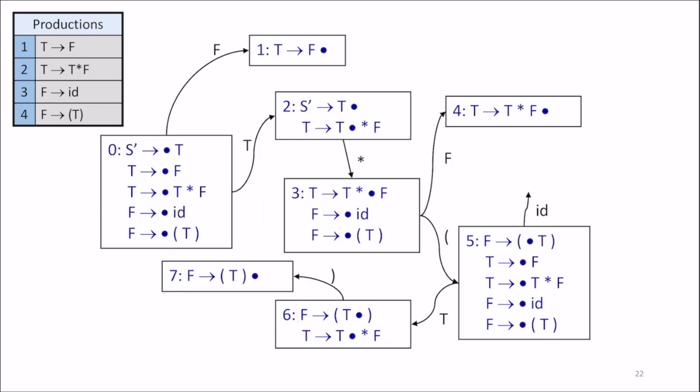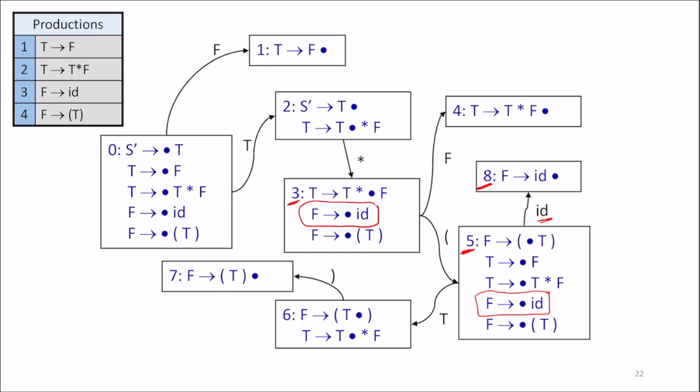Let's look at the successor on state 5 on ID. There's one dotted rule with the dot before the ID. So we move the dot across the ID and we get a new state, which is state 8. Let's look at the transition on the successor of state 3 on ID. If I look at this, I can see that there's only one rule where the dot is before the ID.